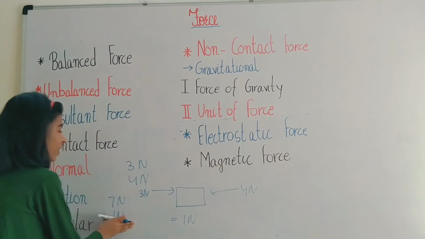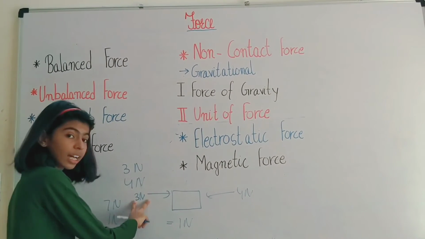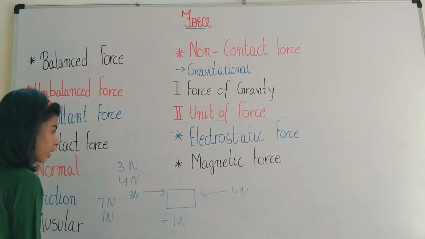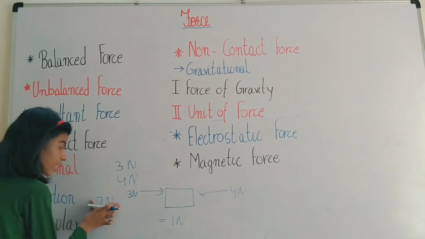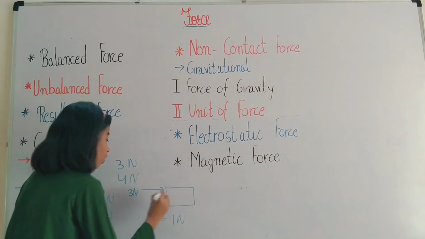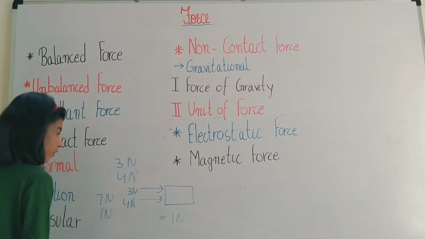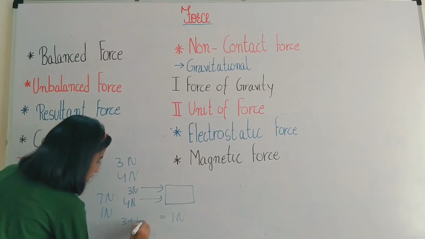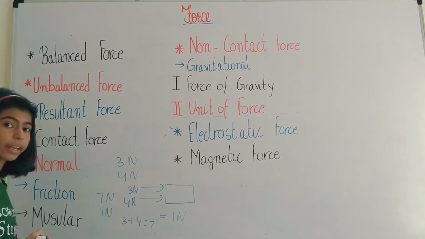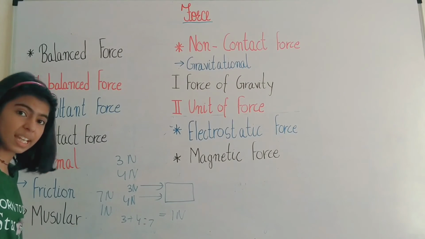So we can say that 1 Newton can be produced if the forces are in the opposite direction, and 7 Newton if the forces are applied in the same direction, which is 3 plus 4 is equal to 7 Newton.